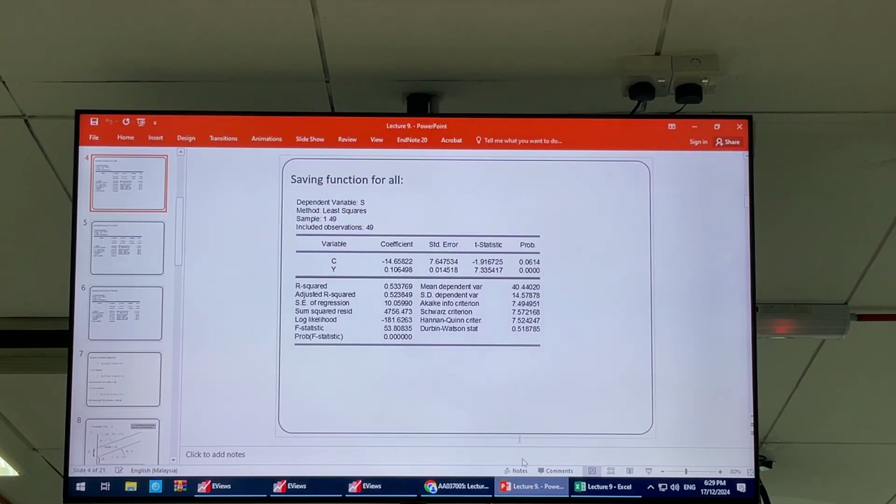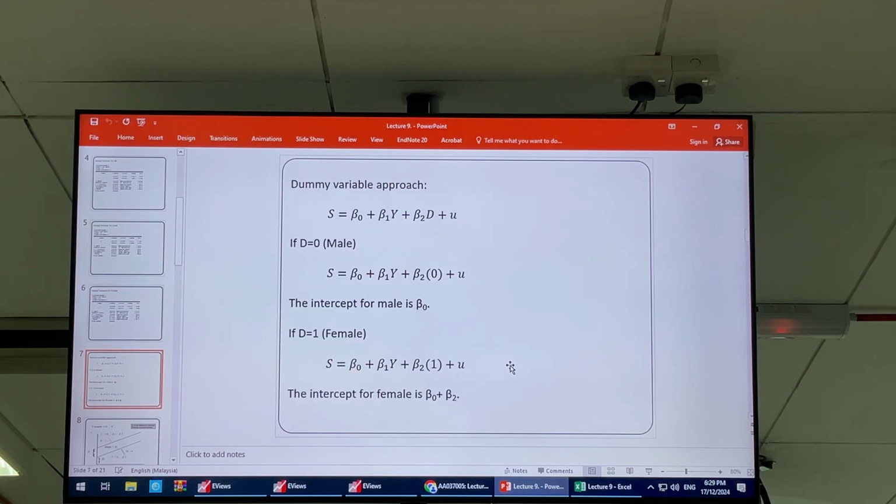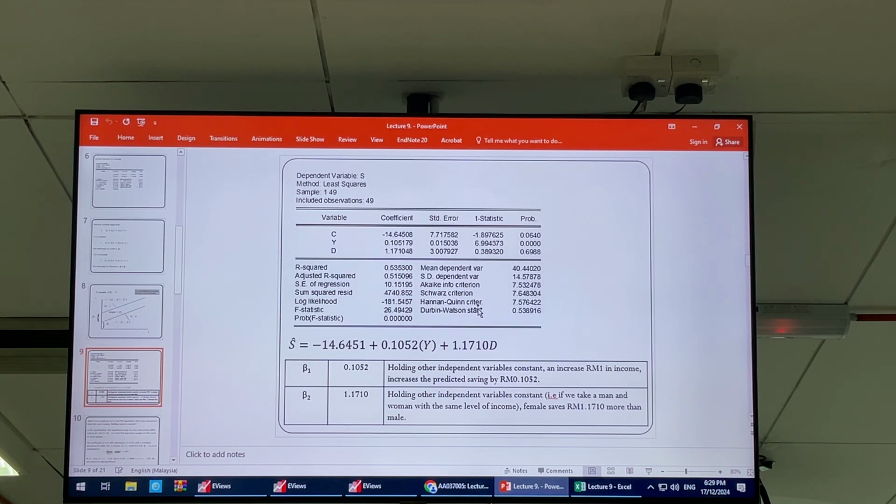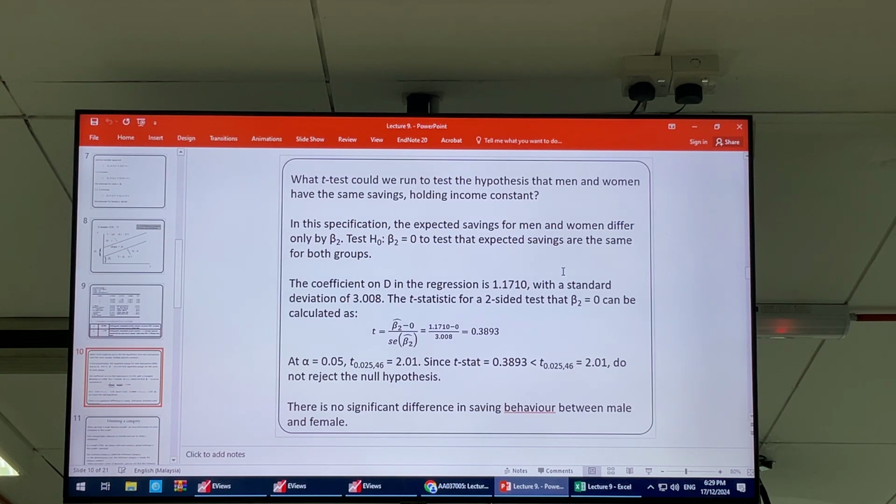Again, assuming that this model is ready for us to perform hypothesis testing, then how to perform hypothesis testing? You can perform hypothesis testing as usual. What t-test could be run to test the hypothesis that men and women have the same saving, with income constant? In this specification, the expected saving for men and women differ only by beta 2.